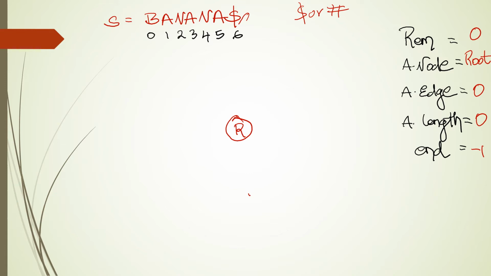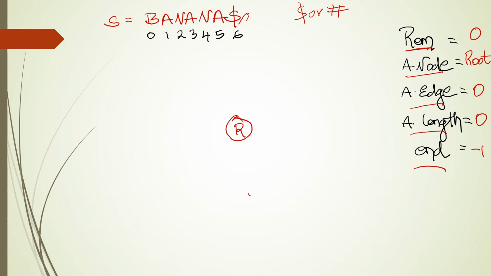So let's get started and dive into the variables now. These are remaining, active node, active edge, active length, and end, as we discussed in the previous slide. The default value of remaining is 0, active node has root, active edge has 0, active length is 0, and end is -1.